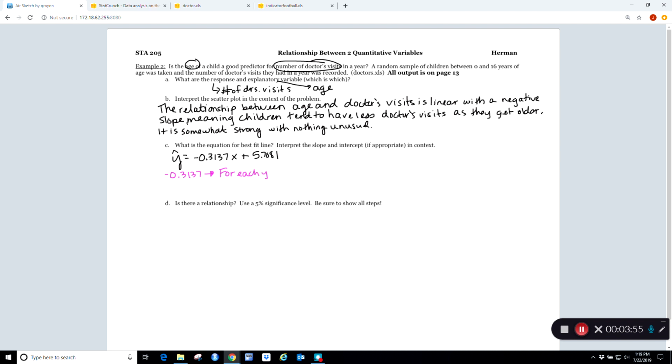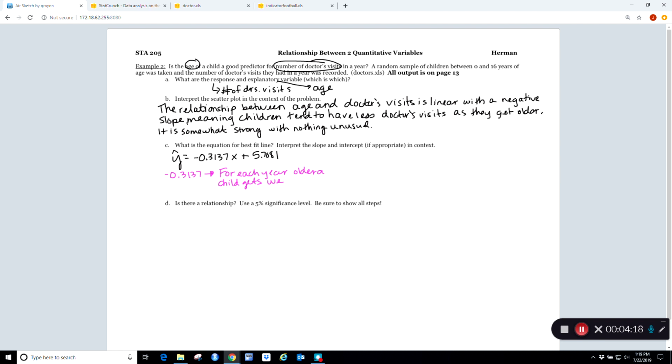So for each year older a child becomes, what's going to happen to doctor's visits? Well, it's going to go down, since my slope is negative, by about 0.3137.